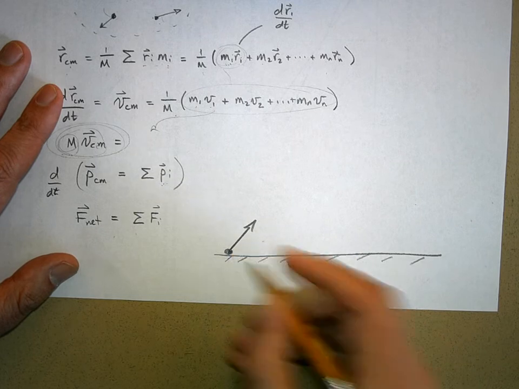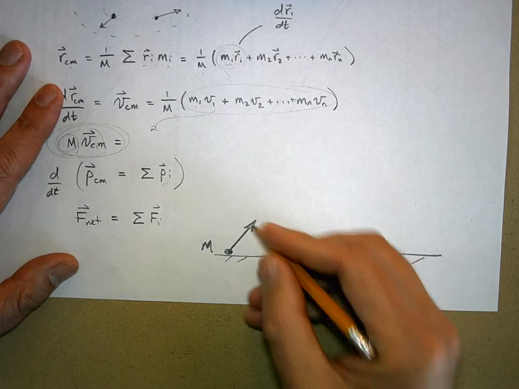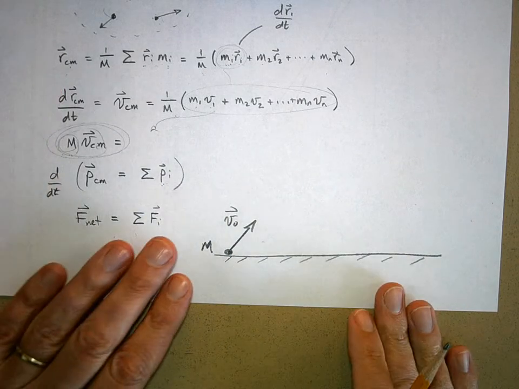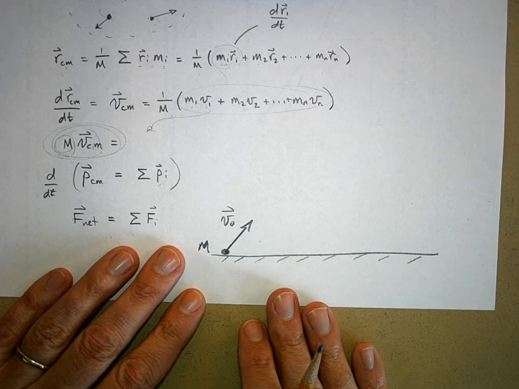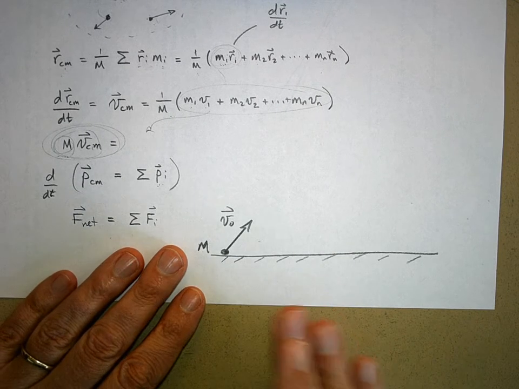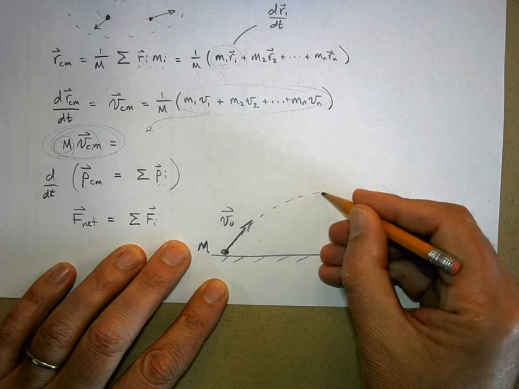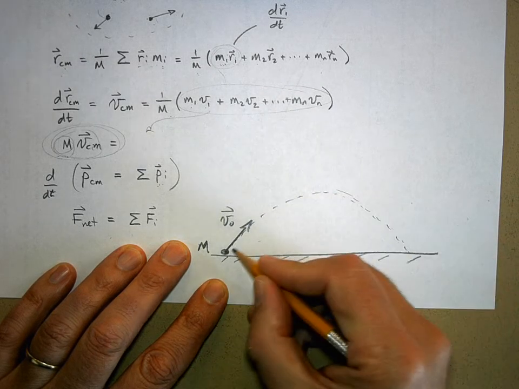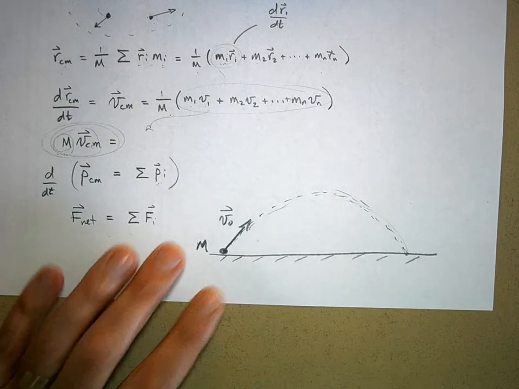And this projectile has a certain mass, I'll give it big M, and here's its initial velocity. Now let's suppose that it doesn't explode. You know what the trajectory of this particle will look like, right? It's going to be a parabola in the sky. Let's assume air resistance is negligible. And we dealt with this in chapter 4, I think. You have projectile motion.